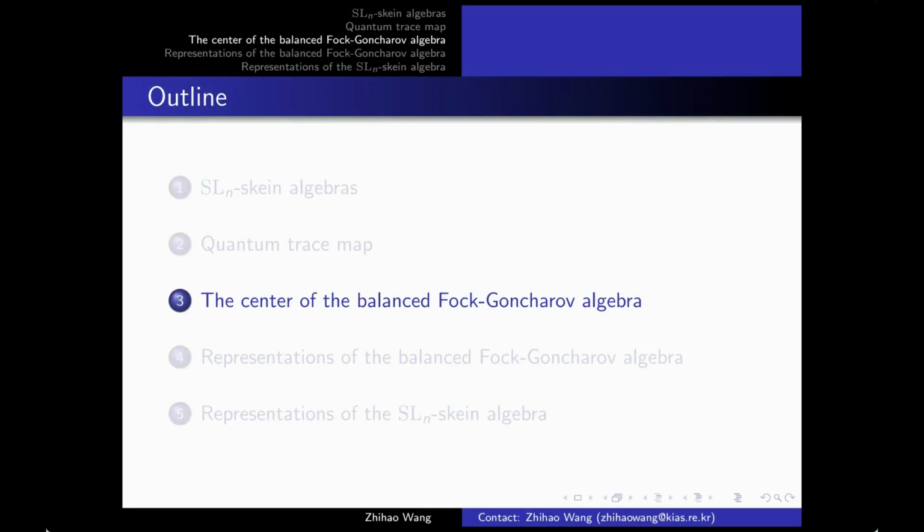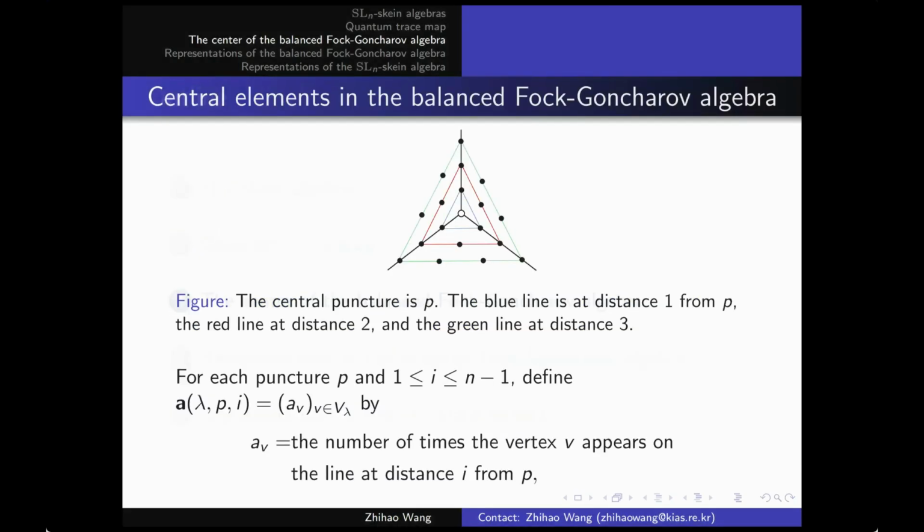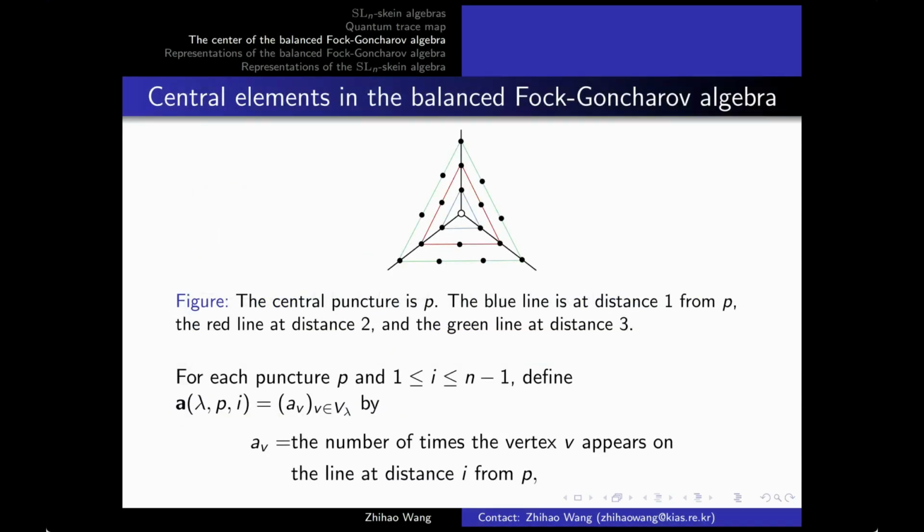Let's look at the center. First, let's look at some central elements defined for each puncture P. Actually, for each puncture P, there are n-1 central elements in the balanced part.